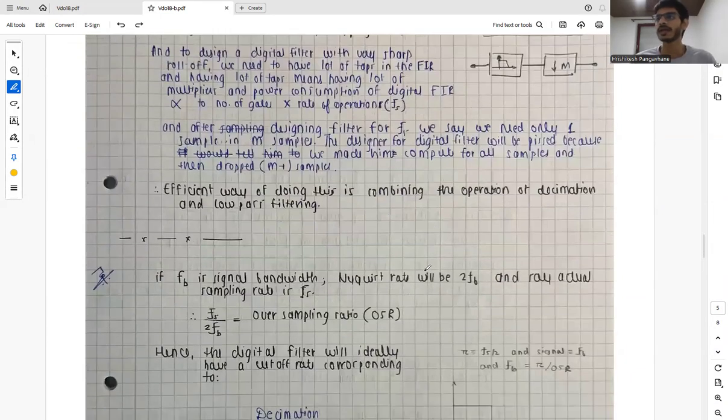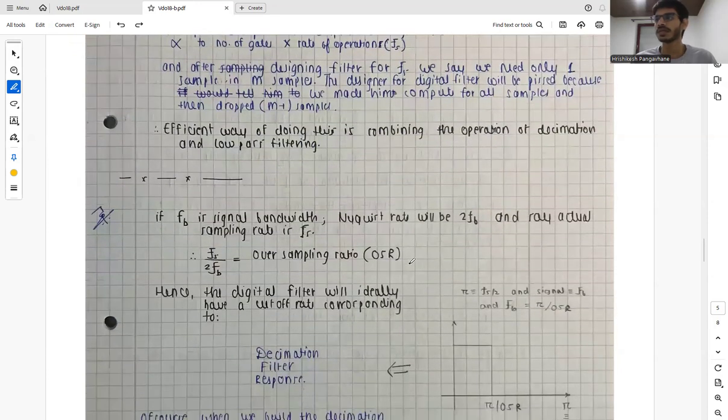So then let's talk about OSR more. Let's take the decimation filter further. If FB is the signal bandwidth, so we have an input signal, and let's say FB is the bandwidth or the frequency of the input signal, then the Nyquist rate will be simply either 2FB or greater than 2FB.